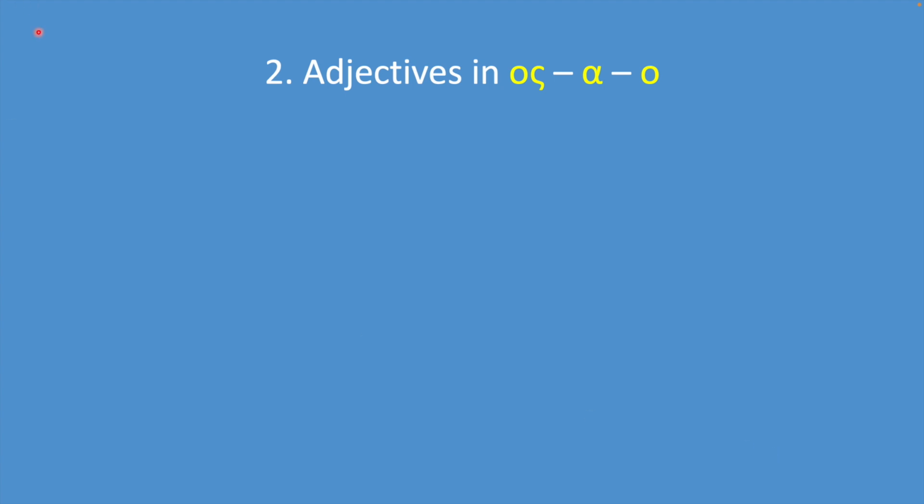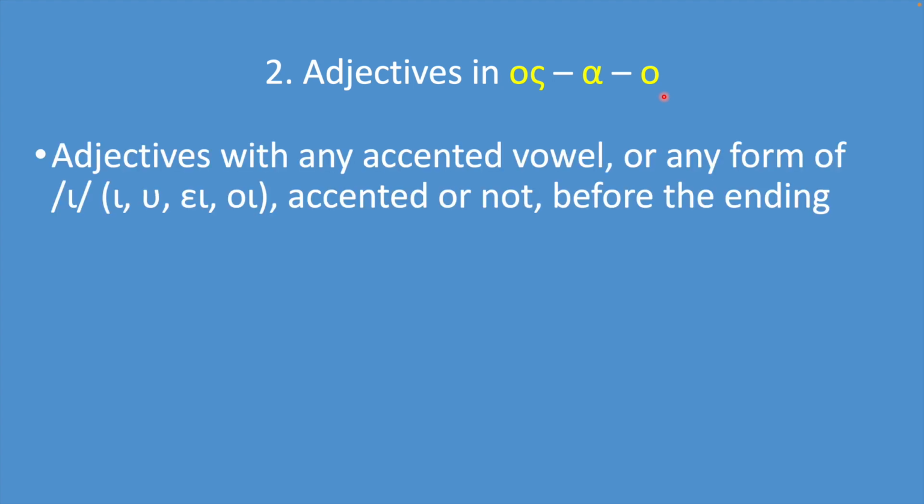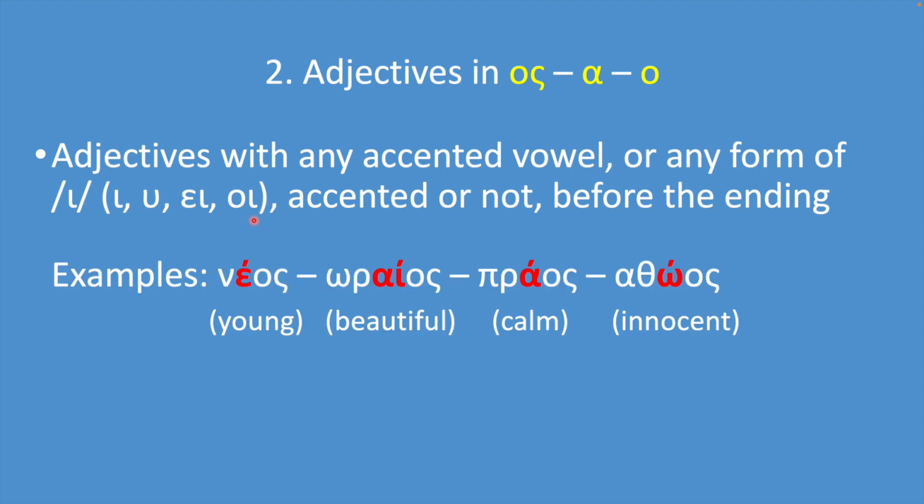Number 2, adjectives in os, a, o. This group includes adjectives with any accented vowel or any form of i: iota, ypsilon, epsilon iota, omicron iota, accented or not before the ending. For example, neos, it has an accented vowel, epsilon.